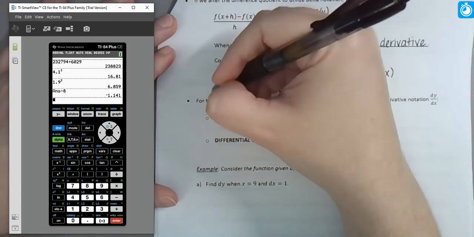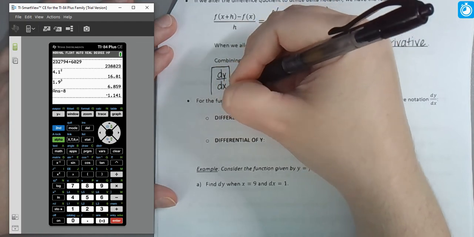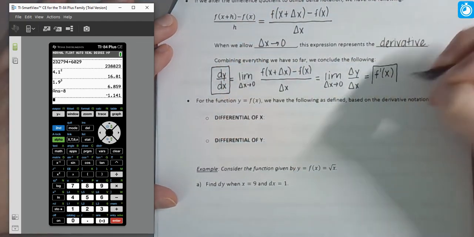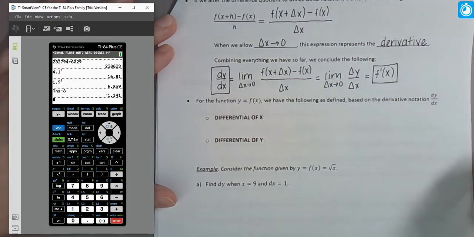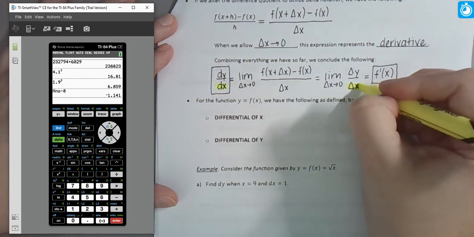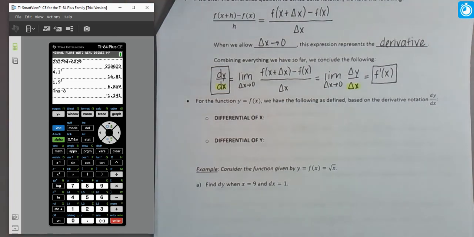So what I want to look at here, a couple different things. We know dy dx and f prime of x are going to be the same thing. And then another thing we can relate based on our denominators is dx and delta x. So all of these different things put together allow us to define what we're going to call the differential.